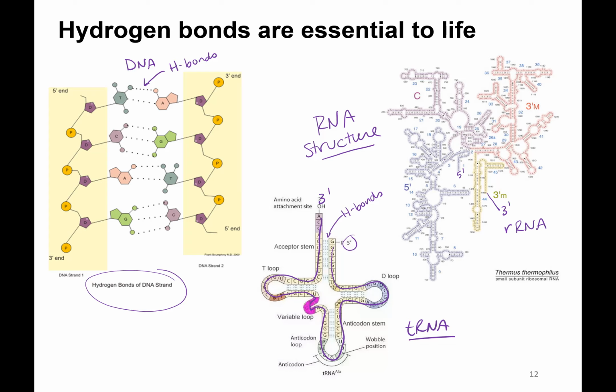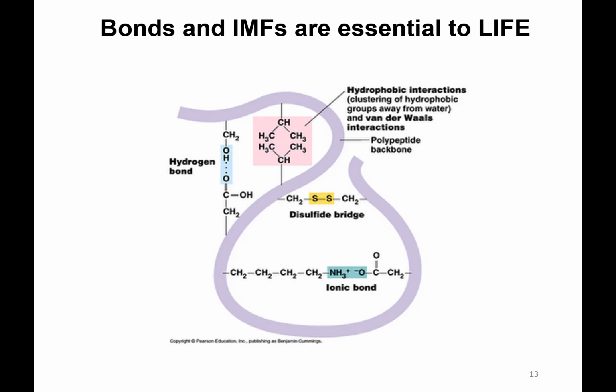And if you trace this around, which I'm not going to do because I'll mess up, it's one long molecule, but it folds, and all of these little lines you see in here are hydrogen bonds. So, super, super important in DNA and RNA, so nucleic acids. Hydrogen bonds are also super important in proteins.